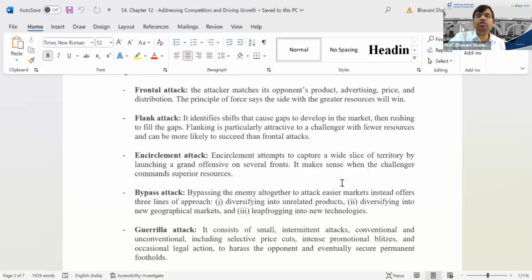The principle of force says the side with the greater resources will win. Here, resources means not just money, but also ideas with which you are able to attack this monster or Goliath. So when Fairever launched, it wanted to attack on the beauty front, but nobody would trust them, which is why it said, you don't need to wait 6 weeks to lighten your skin color, we'll give you this within 4 weeks, because we have saffron in it.